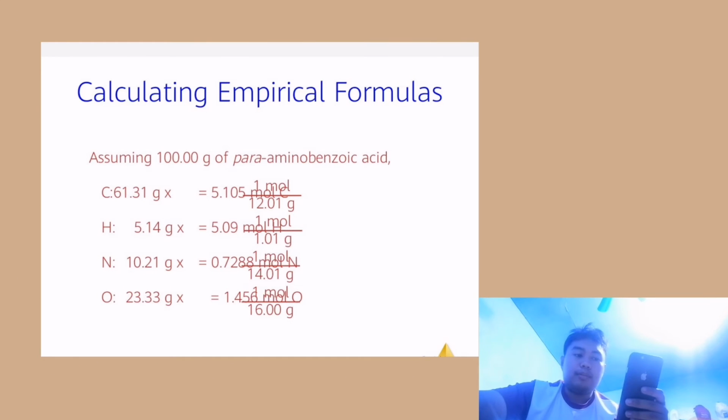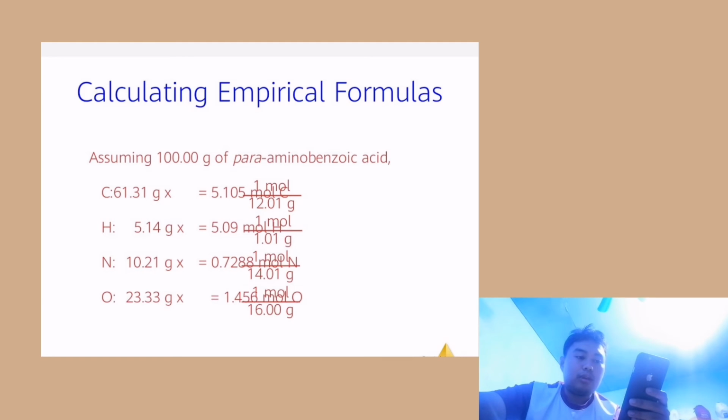Calculating empirical formulas. Assuming 100 grams of para-aminobenzoic acid: carbon, 61.31 grams equals 5.151 moles over 12.01 grams per mole. Hydrogen, 5.14 grams equals 5.091 moles over 1.01 grams per mole.